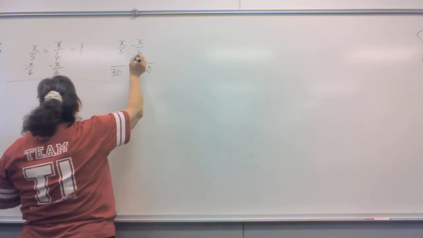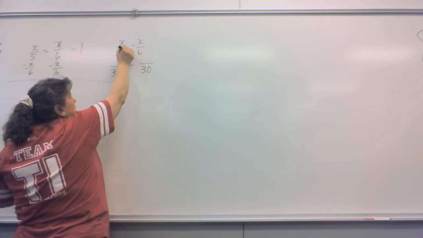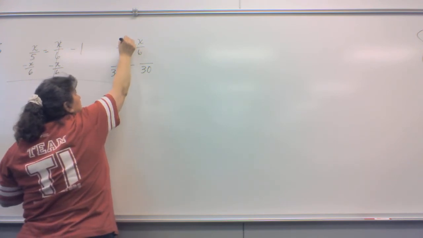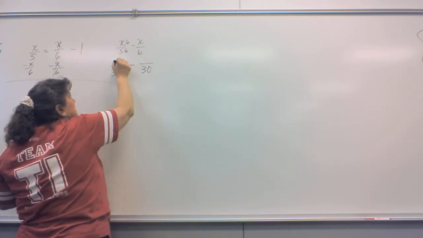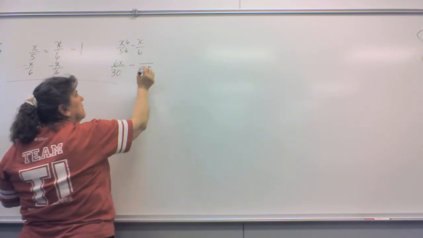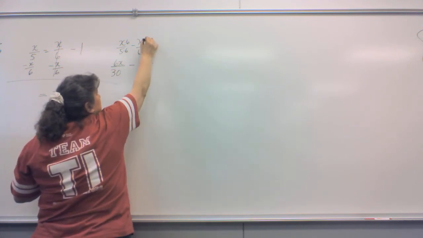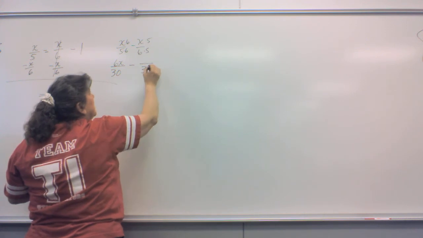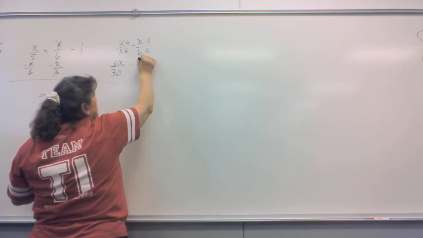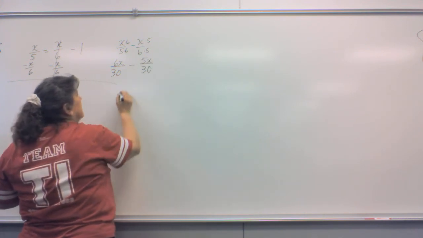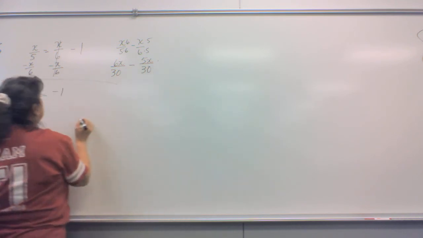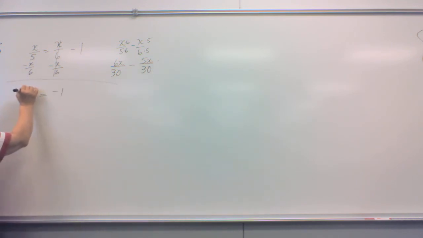Okay, so 5 times 6 is 30, so therefore I have to multiply my x times 6 and get 6x. 6 times 5 is 30, do the same to the top. So this is 5 times x, which is 5x. 6x minus 5x is going to leave me with 1x, or x, over 30.